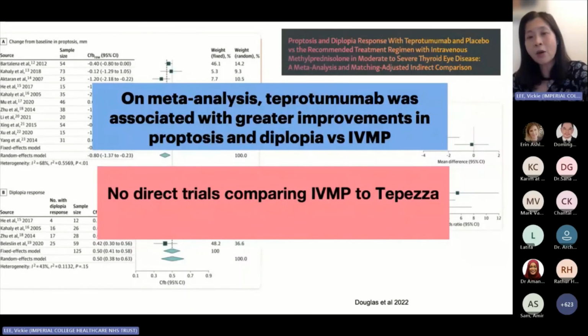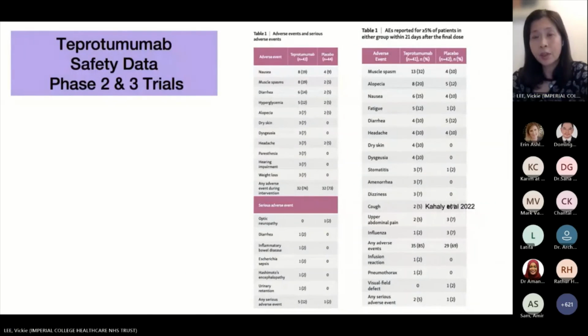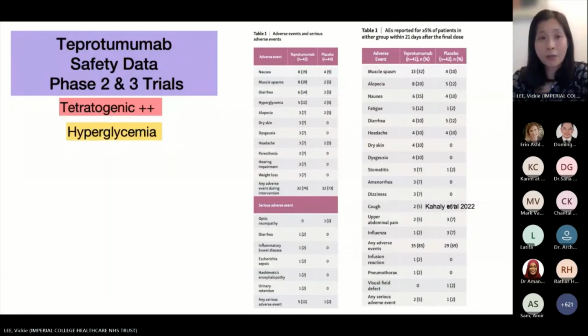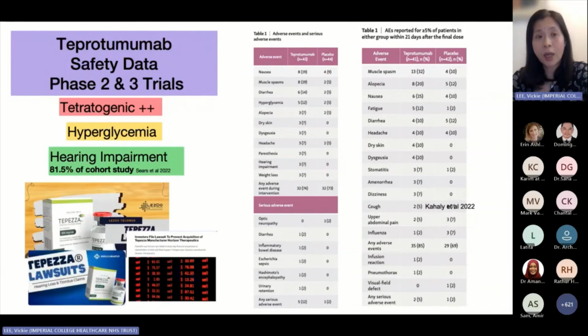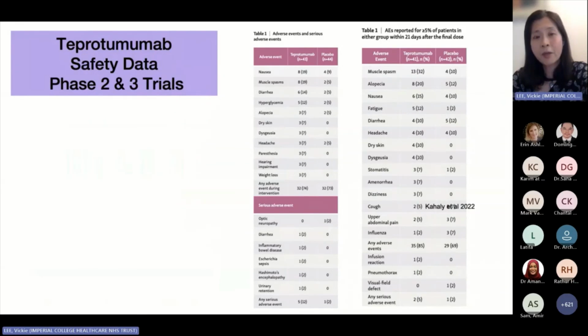So this has never been compared head-to-head with intravenous methylprednisolone. On meta-analysis, teprotumumab should be more effective, but again, as I said, no head-to-head trials to date. So the third criterion is how safe is it? We know it's very teratogenic and could cause significant hyperglycemia, but the main concern is hearing impairment.